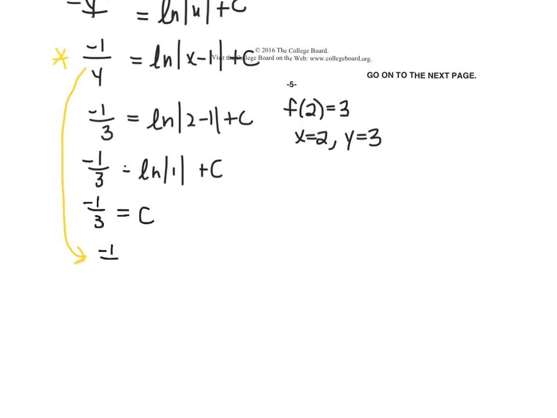So negative 1 over y equals ln of absolute value of x minus 1, minus 1/3, that's c. So if I were to have solved for y, the c value that I would get would be the manipulated one based on a single y value, not a negative 1 over y. At this point, anytime they ask you to solve a differential equation, you have to solve for y. So the first thing I'm going to do is get rid of that negative.